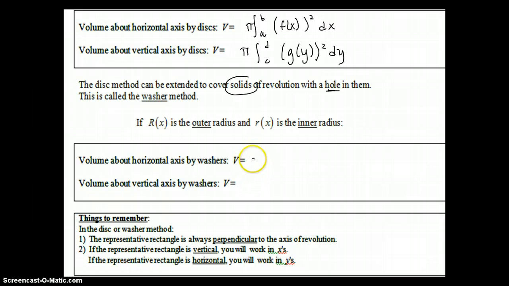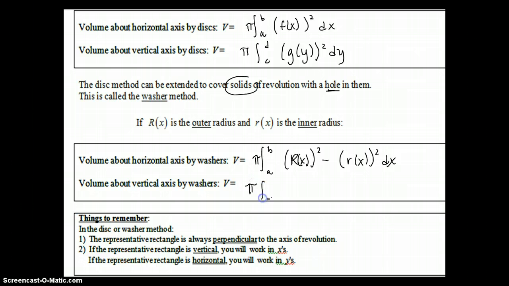Our volume with horizontal washers is still going to be a pi r squared idea, but we need the big radius minus the little radius. So we're still going to go from A to B. Our outer radius squared minus our inner radius squared is going to take care of subtracting out the hole part of it.